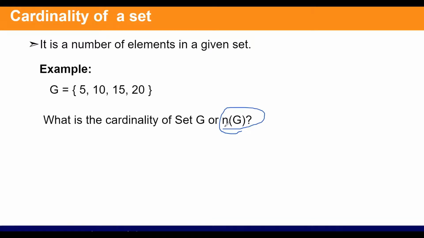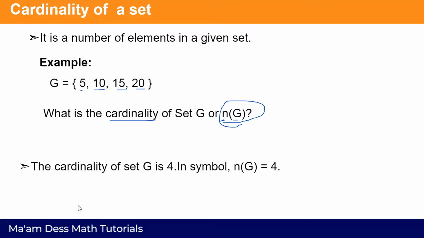Use the small n and then enclose with parentheses the name of the set, which is G. Bibilangin lang po natin yung elements in a set and that is our cardinality. So, we have 1, 2, 3, 4: 5, 10, 15, and 20. Four elements. Therefore, the cardinality of set G is 4. In symbol, again, small letter n, and then enclosed with parentheses, the name of the set.